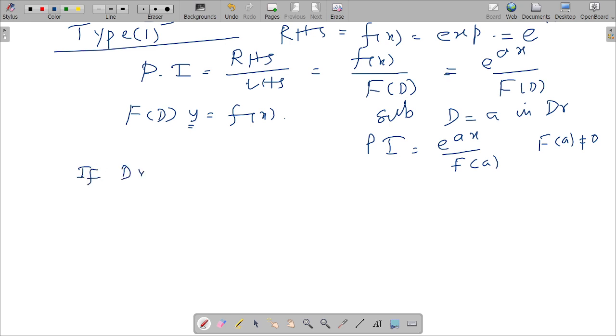If the denominator equals 0, then multiply with x in the numerator, and differentiate with respect to D in the denominator.